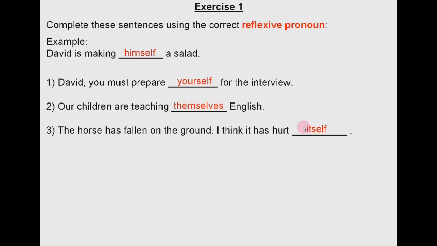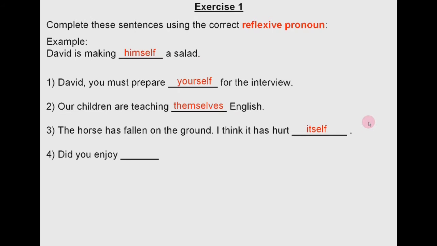I think it has hurt itself. Okay, so the subject is the horse. So the horse is an animal. So we refer to it as it because it is neuter. So the third person singular neuter reflexive pronoun is itself.